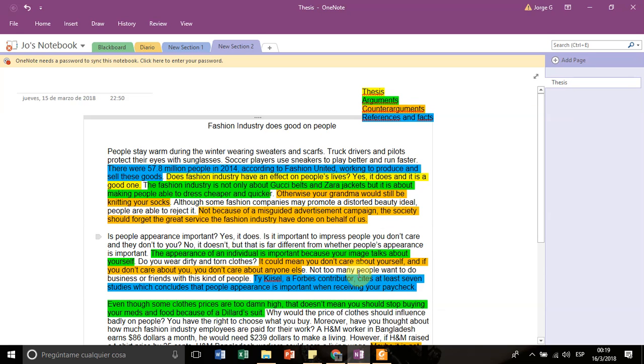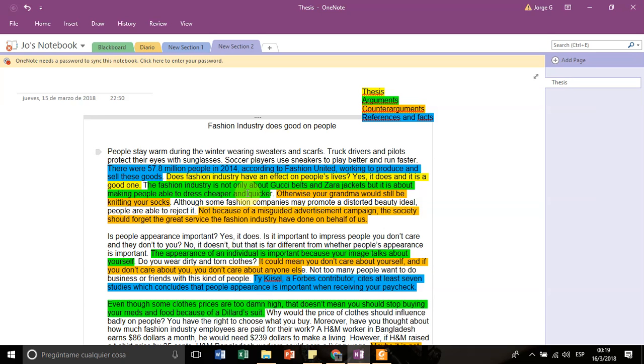And also, while you are writing your introduction, you should write a couple of arguments. In this case, I wrote one in green and I also wrote two counter arguments. Remember that a counter argument is a reason we write to establish that the opinion from the person who disagrees with us is wrong. Do you understand me? For example, in this topic, I say that the fashion industry does good on people.